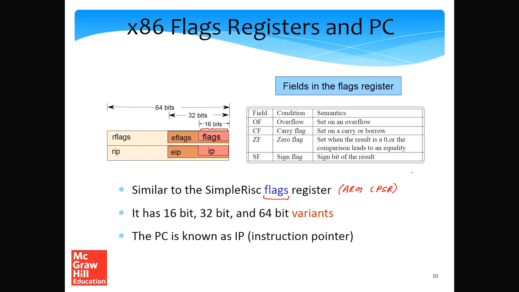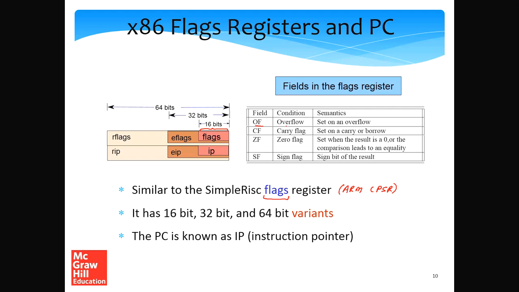There are many bits, many subfields in this flags register. One of them is overflow, OF. This is set if the previous operation, be it a compare or some other operation which can set the flags, overflowed. Readers who are interested can take a look at the x86 manual and they'll find out all the flags that any instruction can set.